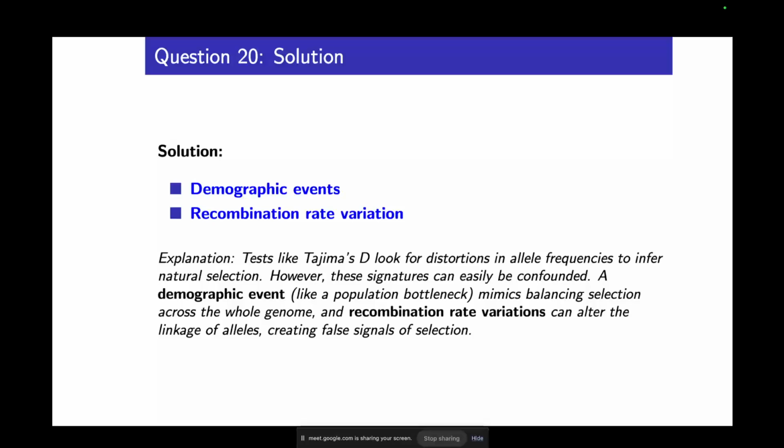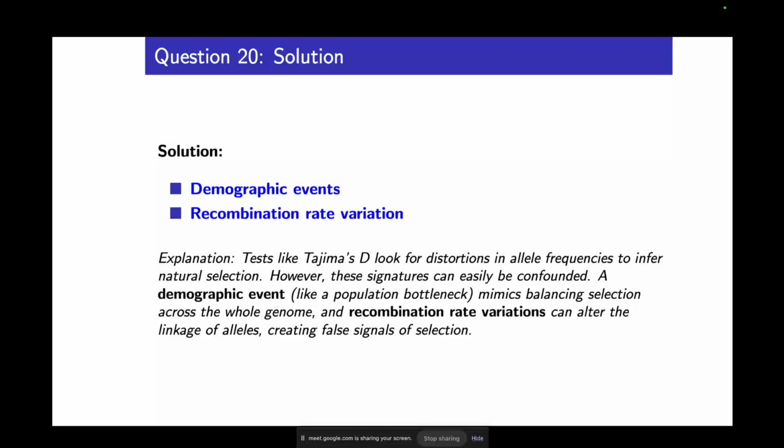And recombination rate variations, basically how and where the recombinations are happening, will change the allele frequencies of the variations around these recombination blocks. So the recombination rate of meiosis is not equal across different parts of the genome. There will be differences in different regions, and if the recombination rate is high, the mutation rate can be higher.